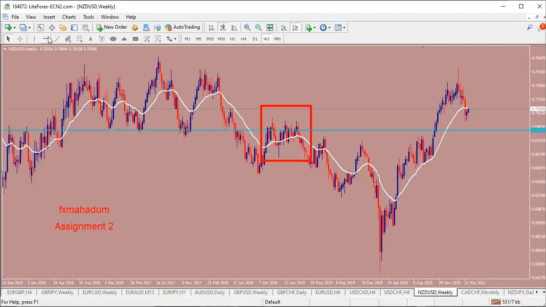This place. That is the key level area. And this is the next one. But price is in between the both of them. And that is our key level area.